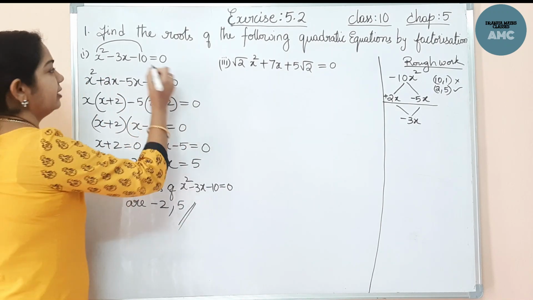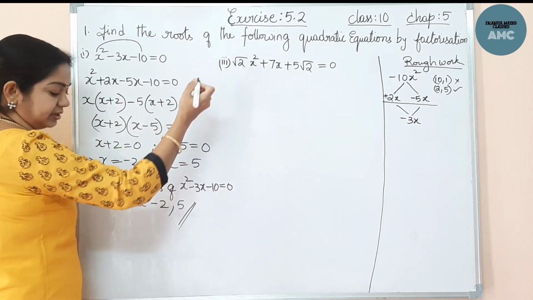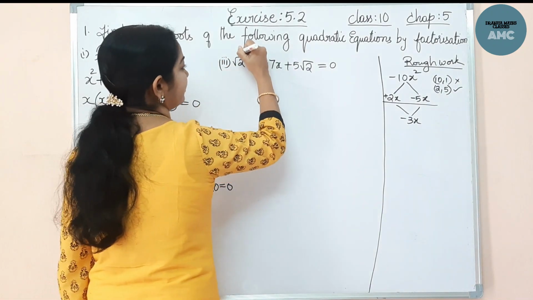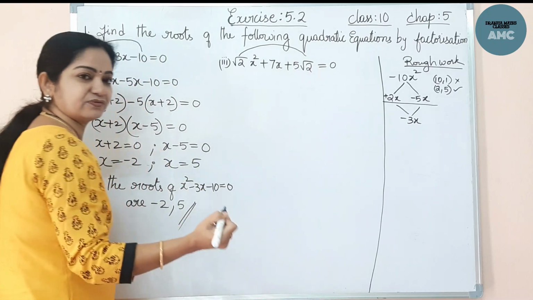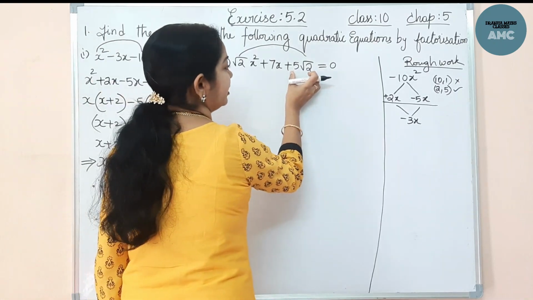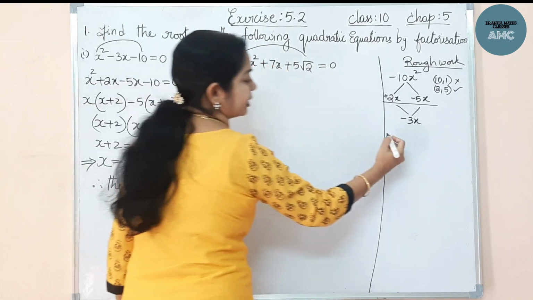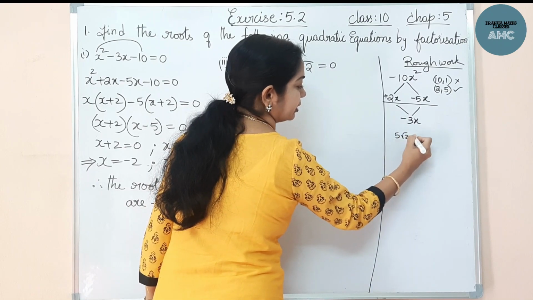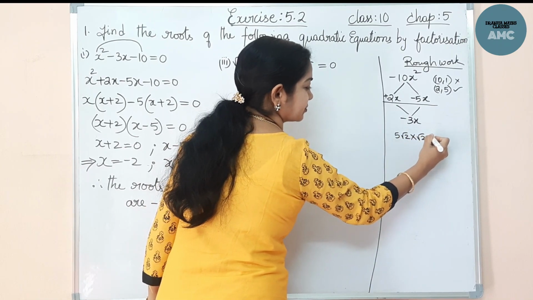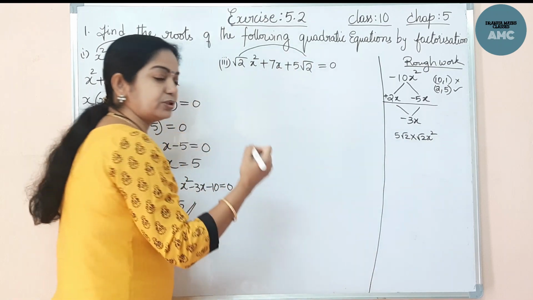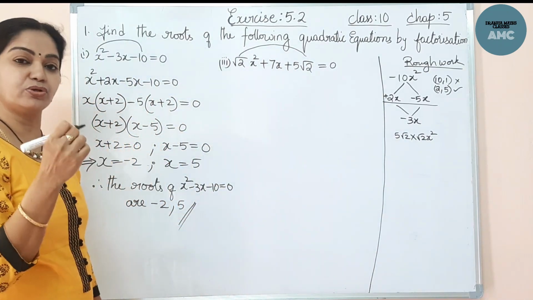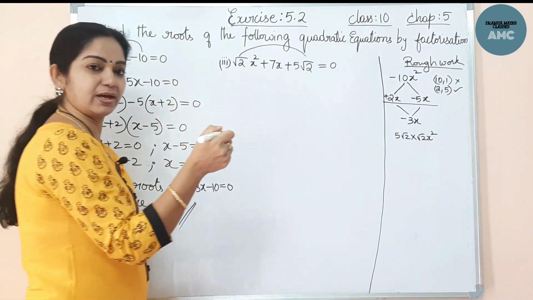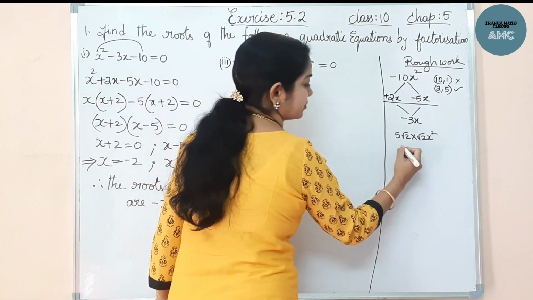Now let's see the next problem, then we'll see the third problem. What we have to do is the product of the extremes first. The extremes are 5 root 2 and root 2 x square. What is the product? Root 2 into root 2 comes to root 2 whole square, and the square root and square cancel off.